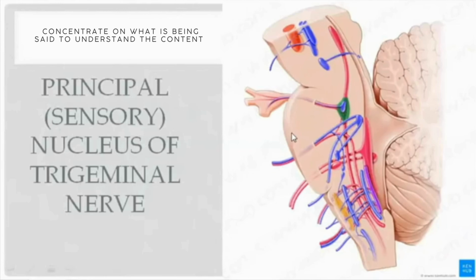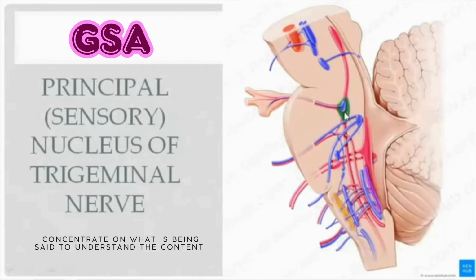Then the sensations of touch, pressure, vibration, stretch, all such sensations are brought in via the glossopharyngeal nerve. We are talking about general somatic afferents, right? So not from the pharynx portion. Those sensations from the pharynx, palate, soft palate, tonsils and posterior third were general visceral afferent sensations. And this functional column here we're talking about is general somatic afferents.